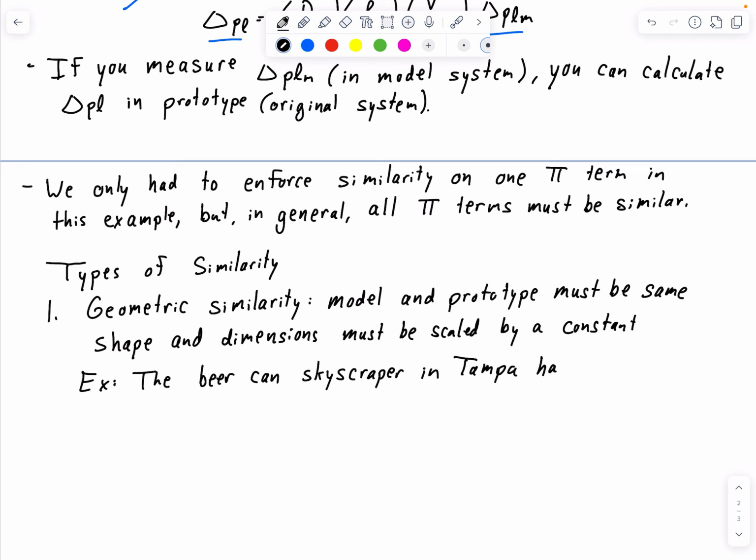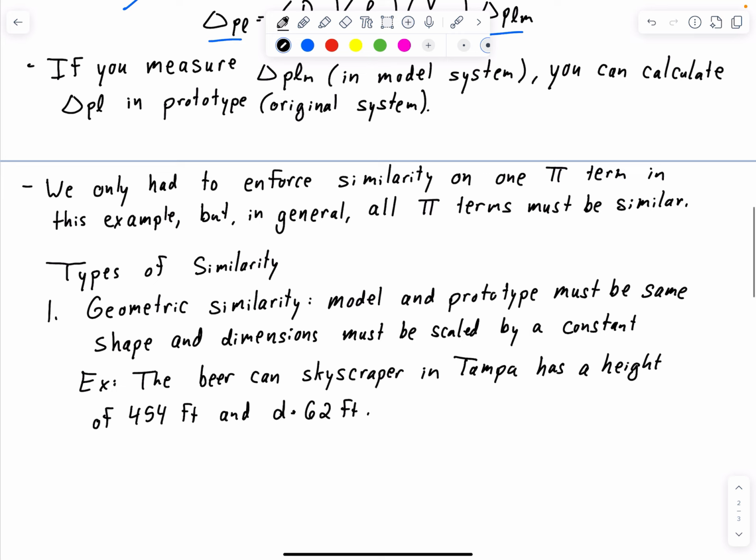This skyscraper has a height and a diameter of 62 feet.